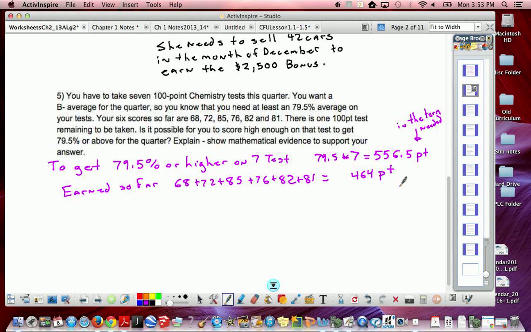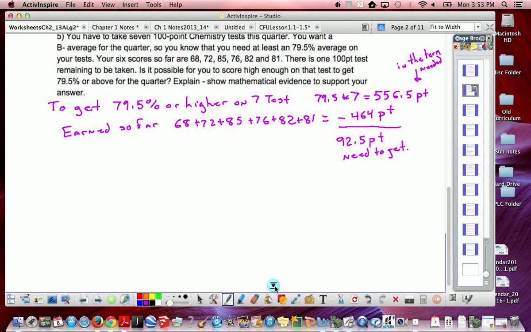So when we subtract the 2 from each other, we're left with 92.5 points. That's how many points we need to get. The good news is it's a 100-point test. So, since it's a 100-point test, it is possible to do this problem.